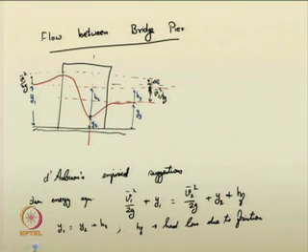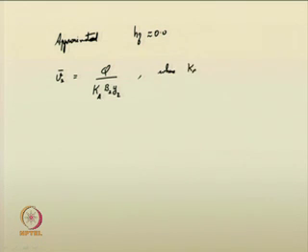If h f is equal to 0, he came up with a suggestion that the velocity at section 2 can be given as Q by K A B 2 into y 2, where K A is the coefficient of contraction.